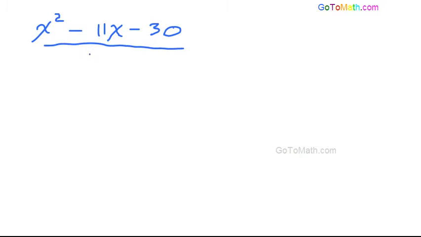Over x minus 14. Okay, so remember this bottom part right here needs to be in this form, x minus r, and in this particular case r is going to be equal to 14. You see that? So that's important. And that's actually the number that we're going to be writing right here.